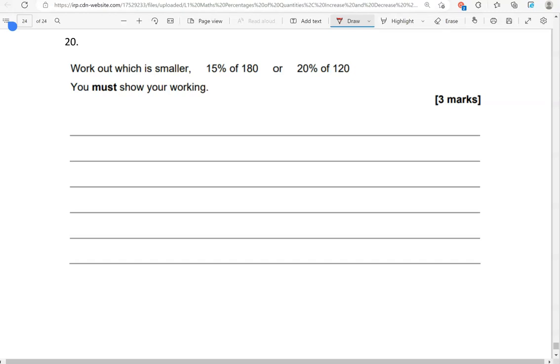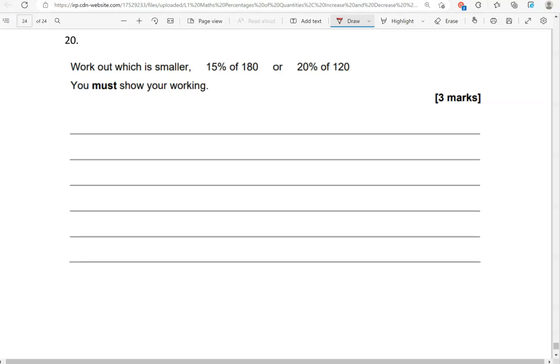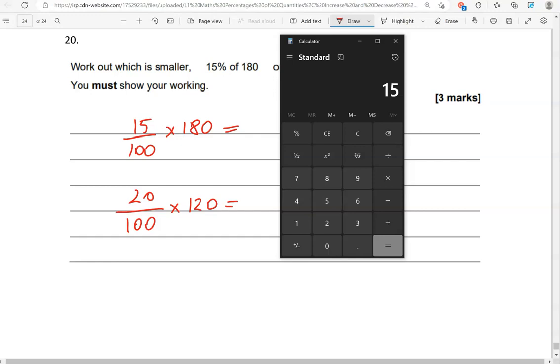Work out which is smaller, 15% of 180 or 20% of 120. You must show your working. 15% of 180 or 20% of 120. 15 divided by 100 times 180 gives us 27. 20 divided by 100 times 120 gives us 24.